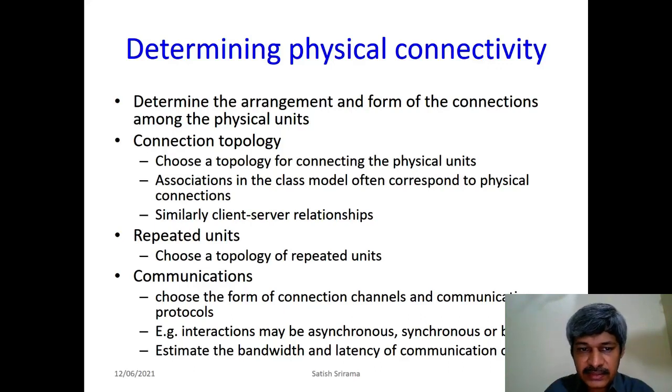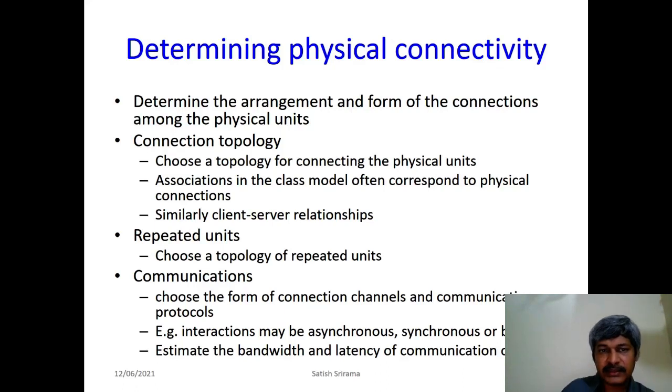So for any system which you are trying to develop, you need to choose that particular topology for all the physical units which are part of the system and all the subsystems which are running on these different physical units. Associations in class models often correspond to this sort of physical connection. Associations are a good point where you can see where the physical connections are.